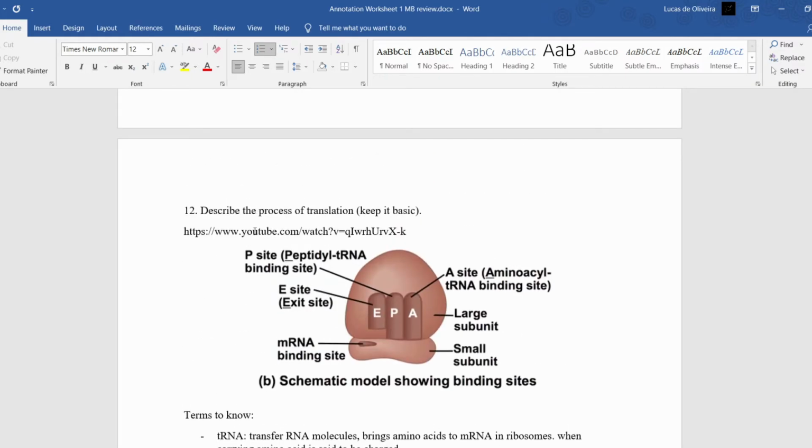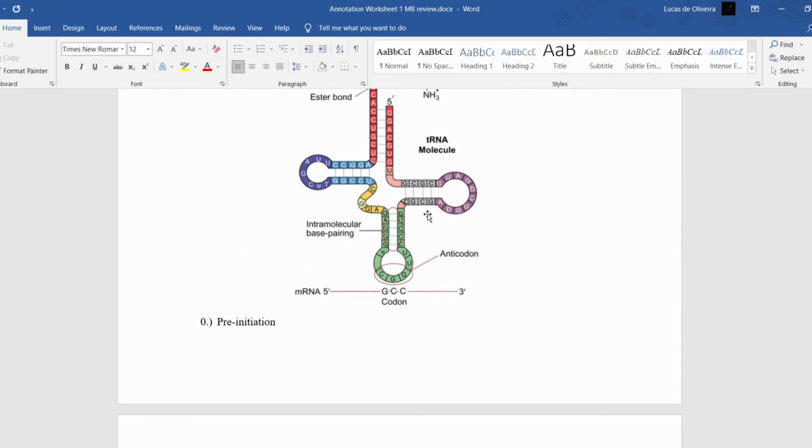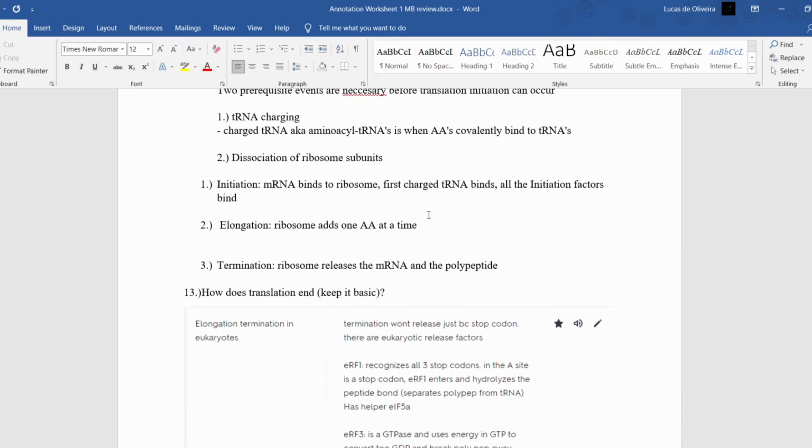I put the YouTube video here that shows an animation of how it happens, but don't worry about it too much. In initiation, you have your mRNA transcript binding to the ribosome, and because of what we went through before, you know that the 5' cap assists in the mRNA binding and associating with the ribosome. Then the first charged tRNA, which has which amino acid?